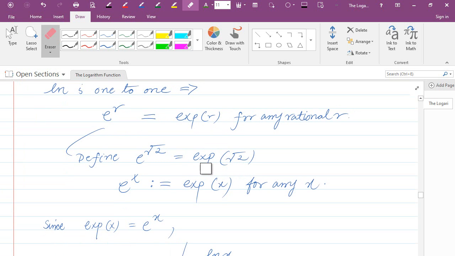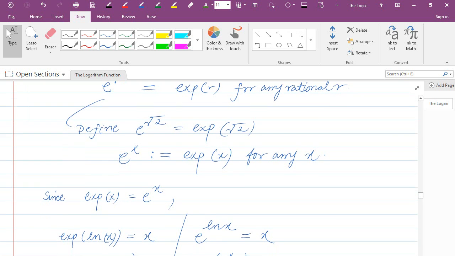So we can define e to the power of any irrational number to be the value of the exponential at that irrational number. That is, e to the x is defined to be exp of x for any irrational number x, and therefore in general for any real x, e to the x is equal to exp of x.